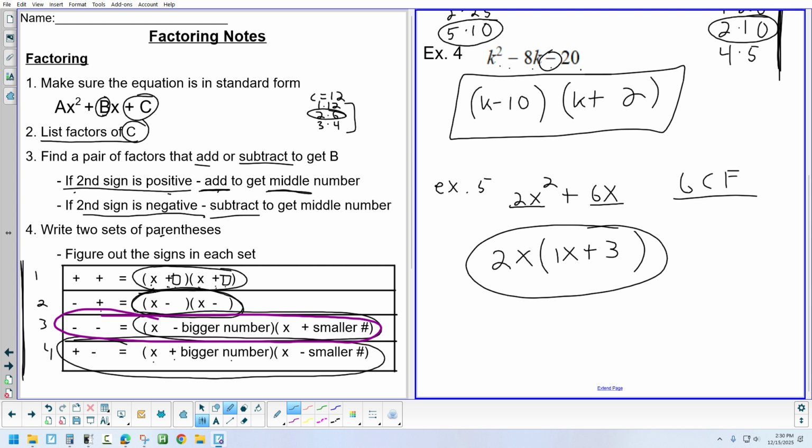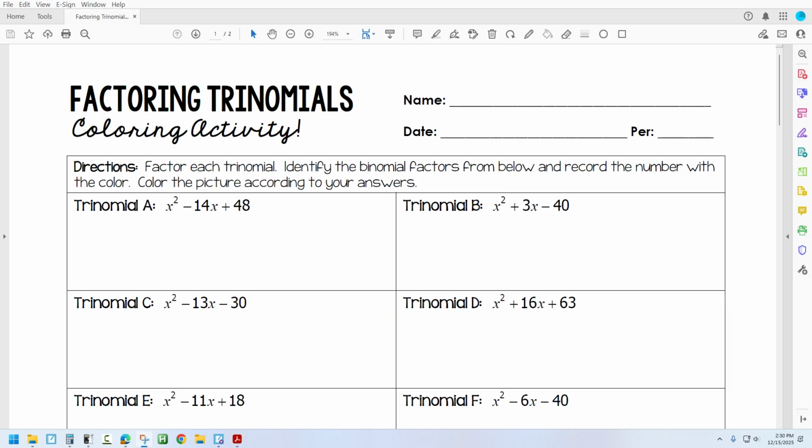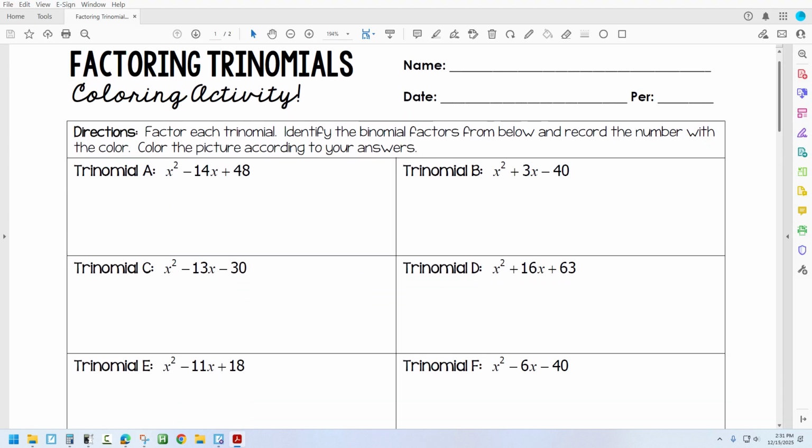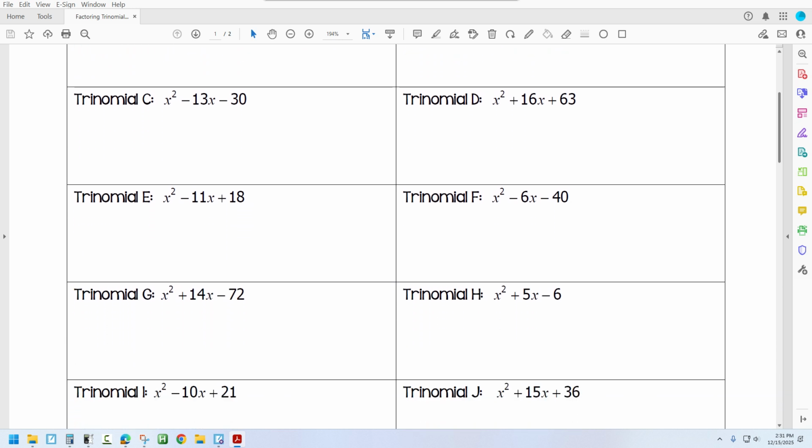All right, so the last thing I'm going to do is show you guys a problem from the worksheet. Let me pull that up, and then I'll show you how to do it. This is the factoring trinomial worksheet for the week.